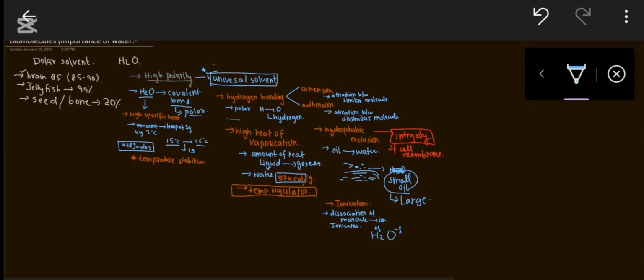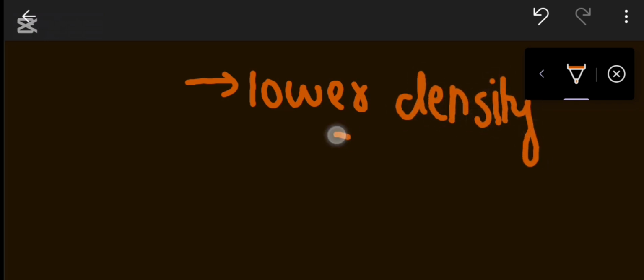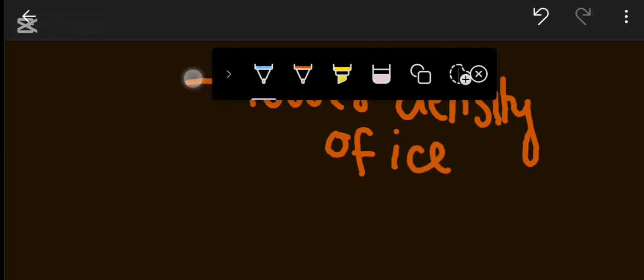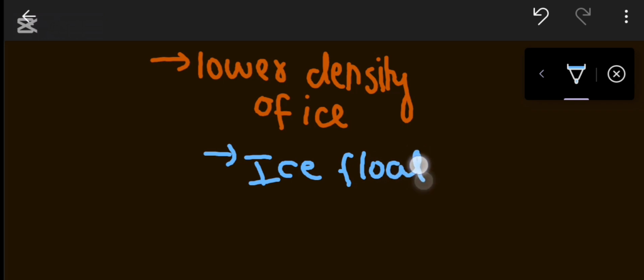And last but not least, the property of water is the lower density of ice. Here you can see that mostly ice floats on water.